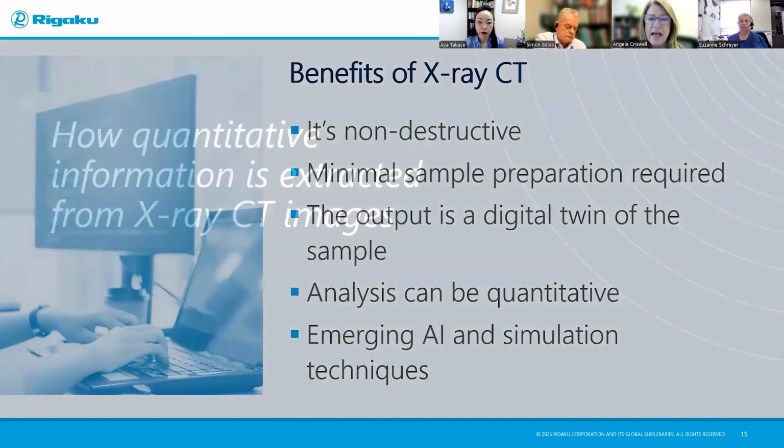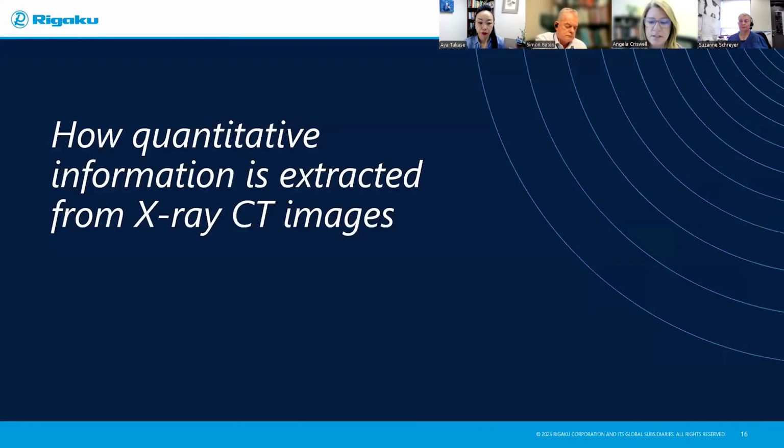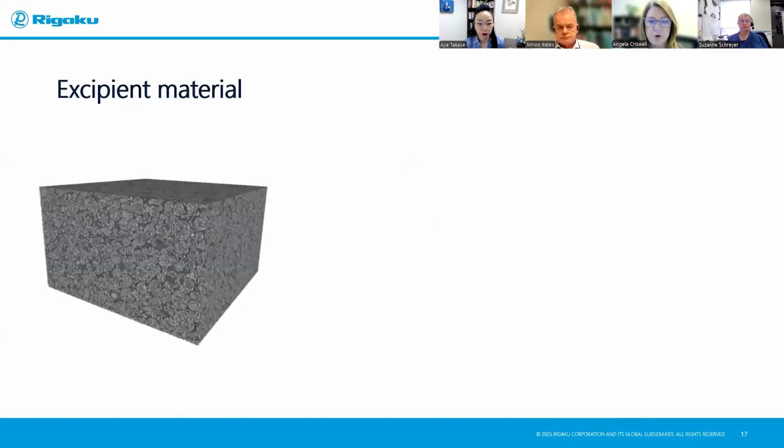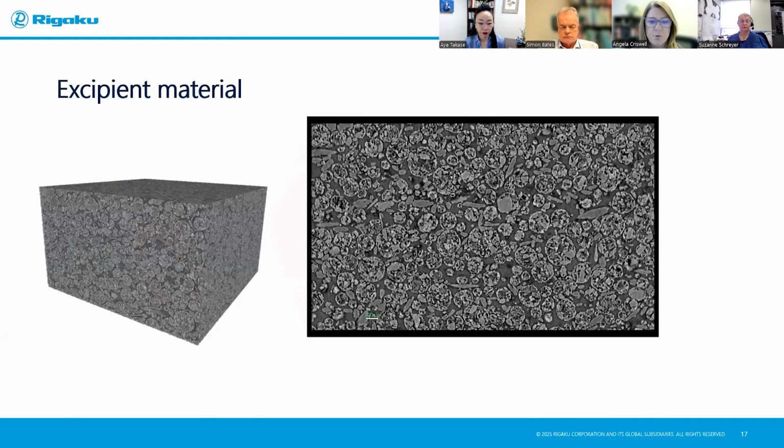But I mentioned we have to get the quantitative information out. So how do we actually extract that? What I'm going to show you is how we do this in one case. We have this 3D volume of an excipient material. It's a two-phase material, and here's just the block that was imaged. It has the excipient material and void. If we take a look at a single 2D cross-section through here, then we see this. We can see one phase is the excipient material and one phase is the void in between.